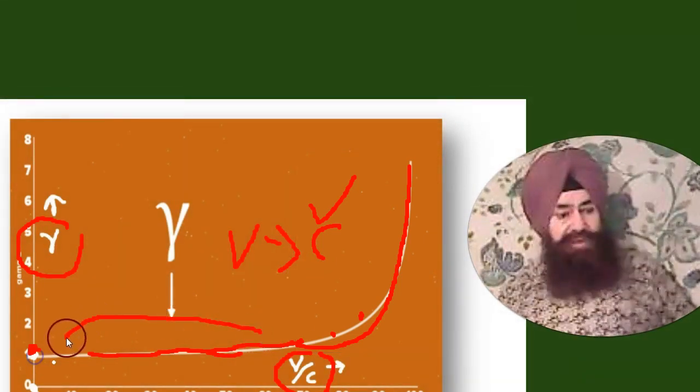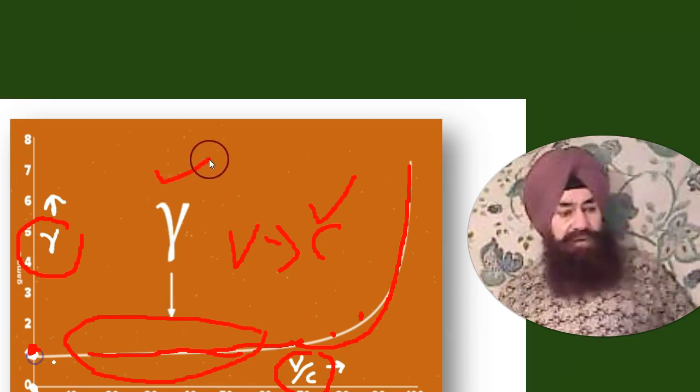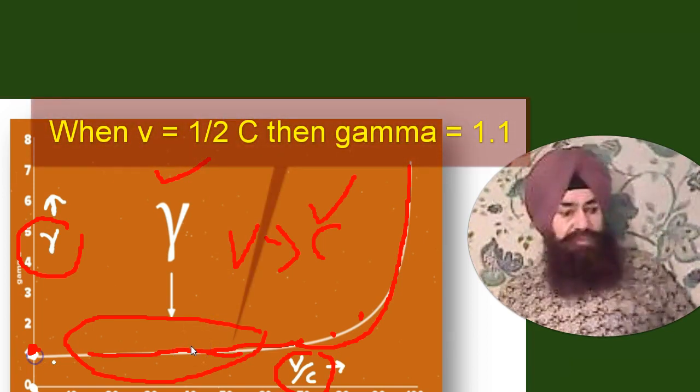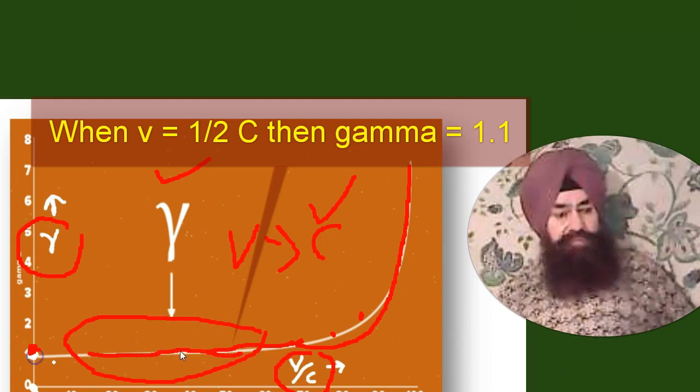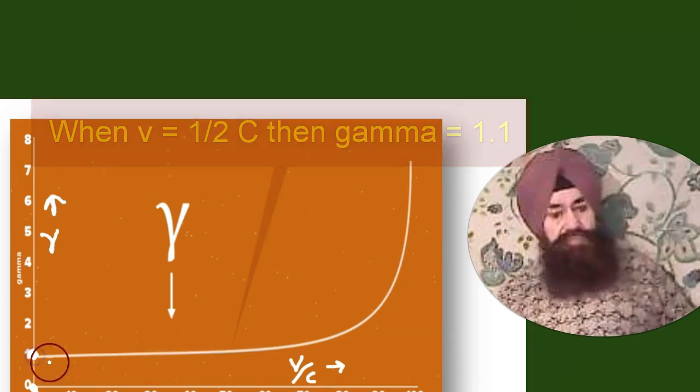If the velocity is less, there is no appreciable change in gamma. Even if the velocity is half the velocity of light, there is not much change in the value of gamma. Remember, gamma takes large values when v tends to c. Okay?